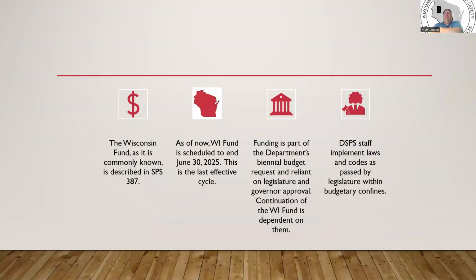If this is important to you, either privately yourself or through organizations you're a member of, keep asking for support of the Wisconsin Fund. That's up to you. Obviously the department supports it, but again, we're only allowed to do what we're given authority or resources to do. We'll do what we're allowed to do, and if it gets re-upped for another 2 years in the next budget, so be it. But that's beyond our control.